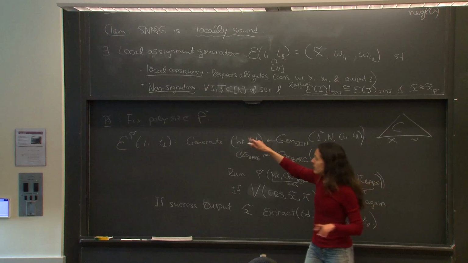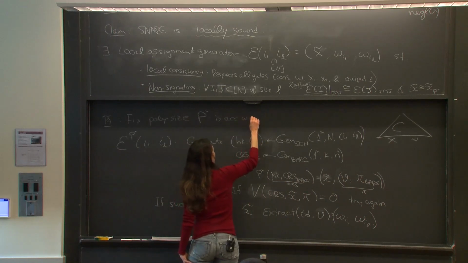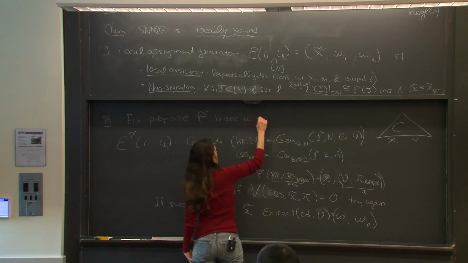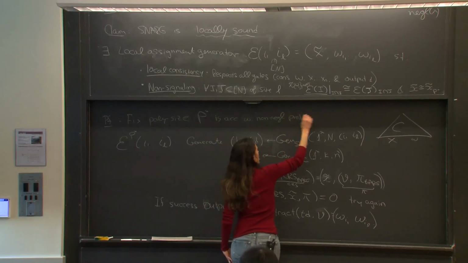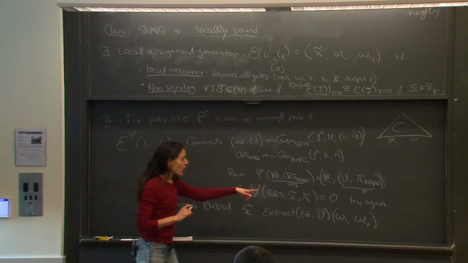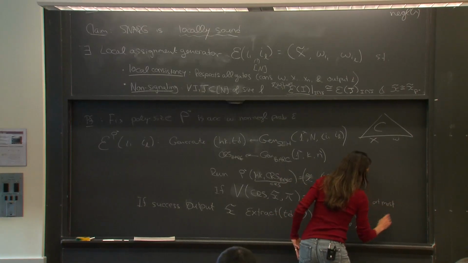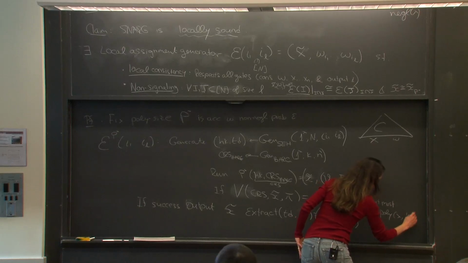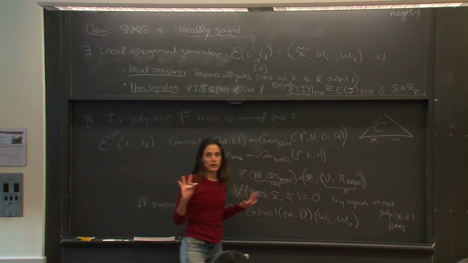So fix a P star that, let's say, is accepted with non-negligible probability epsilon. I'm going to try again at most poly in lambda and 1 over epsilon times. So I'm going to do this only polynomially many times.